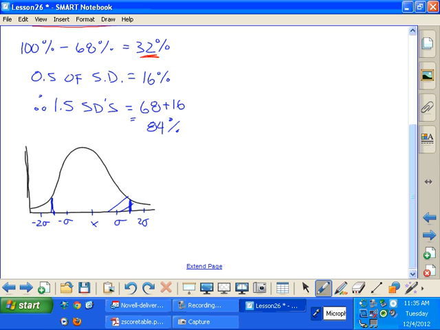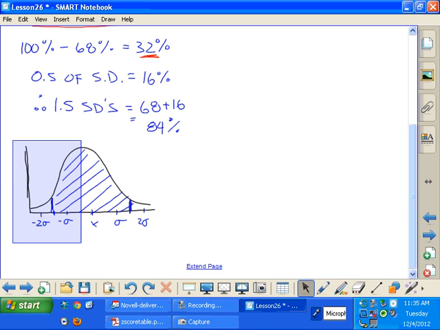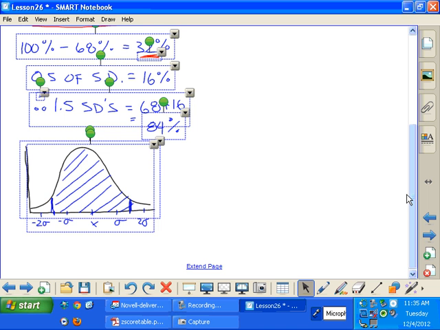So the 84%, or 0.84 or 84% probability, is the area right there that we would be dealing with. So on to B part.